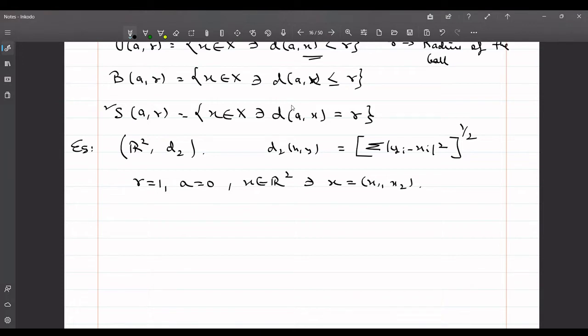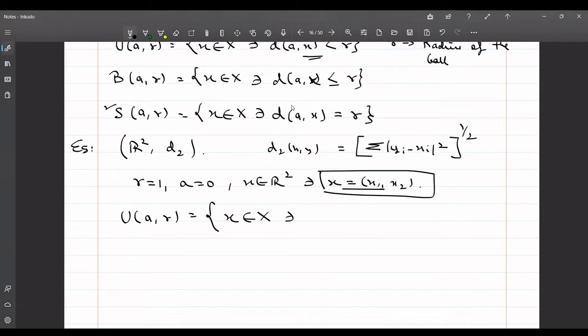Now if you try to define the open ball, U(A, R) is the set of all those elements of X, here X is R2, such that the distance between A and X, since we have taken the Euclidean metric, is less than r, or less than 1.